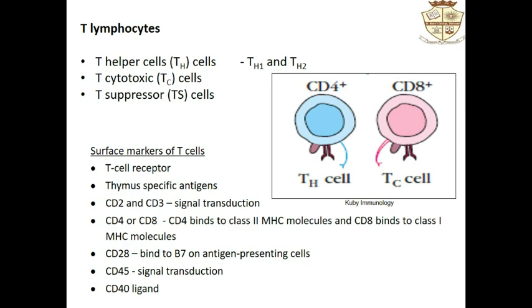The Th cells or the CD4 T lymphocytes get activated when they encounter an antigen complex with MHC class II molecule presented by an antigen presenting cell such as B cell, macrophage or dendritic cell. The activated Th cell will secrete various growth factors known as cytokines, which will further activate B cells, T cytotoxic cells or Tc cells and a variety of other cells that participate in an immune response.